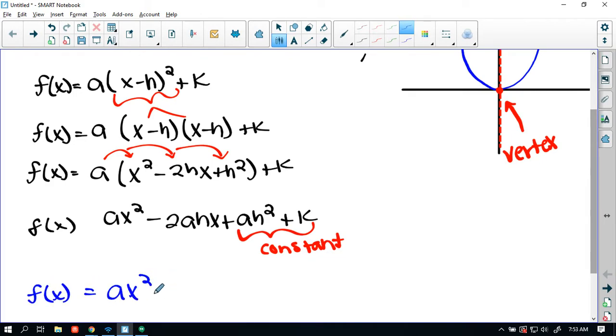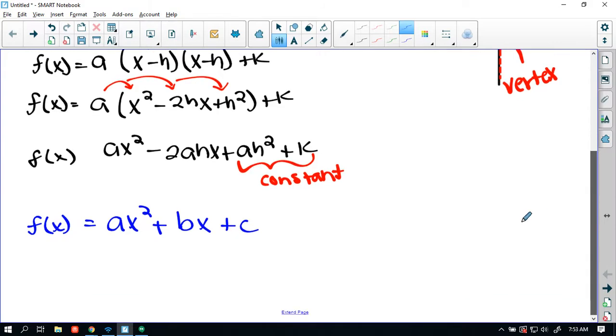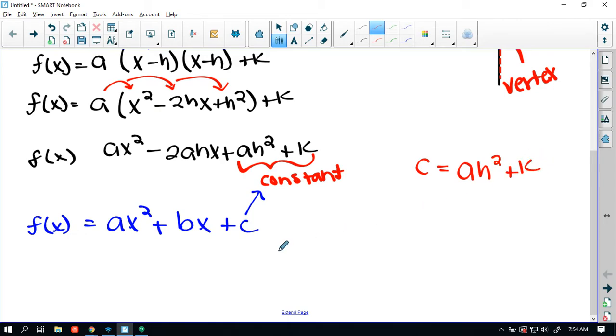It's like a puzzle. Looking at this, this is going to be my constant. So c is going to be equal to ah squared plus k.